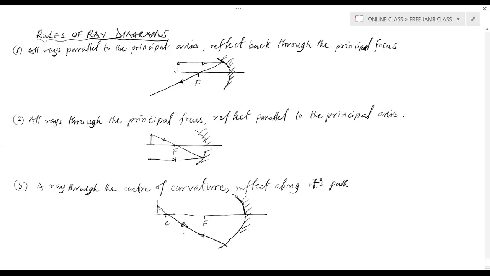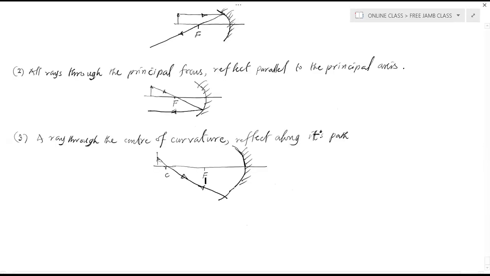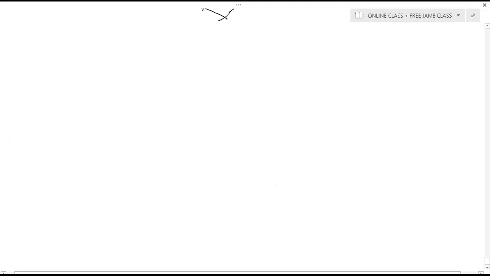It will pass back. That is how to draw a diagram. We now combine all this together to give the diagram of anything you want to draw. Let me just give you 2 or 3 diagrams.